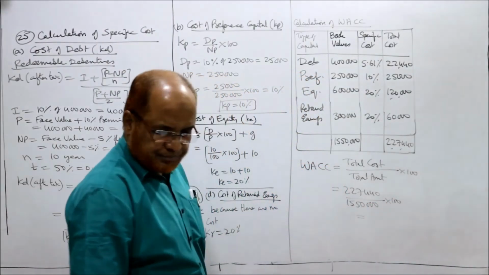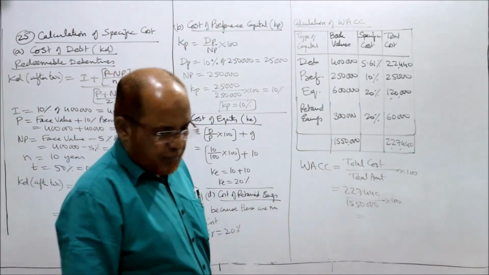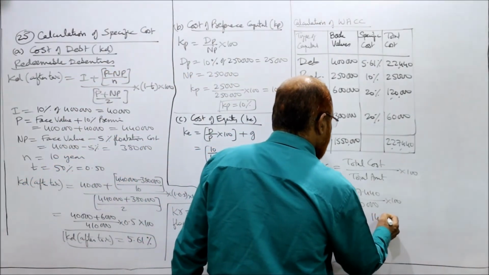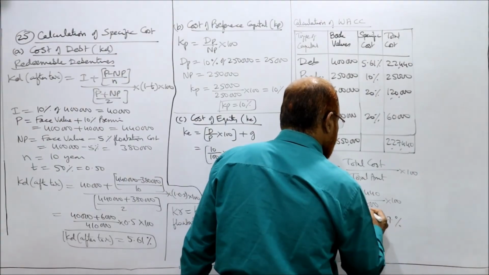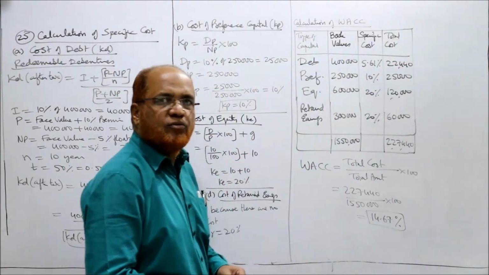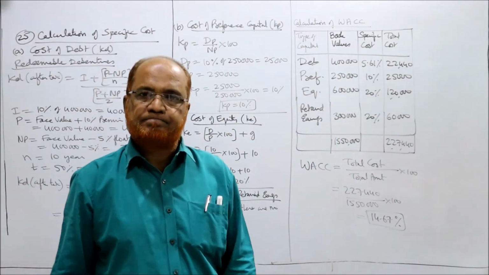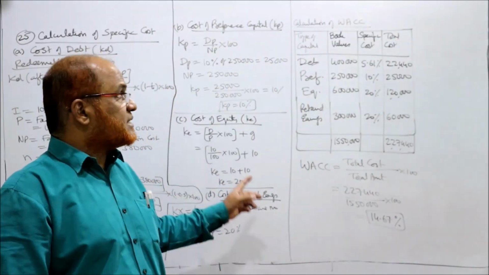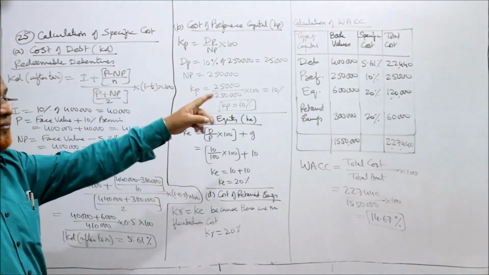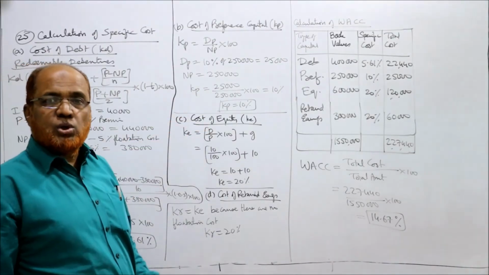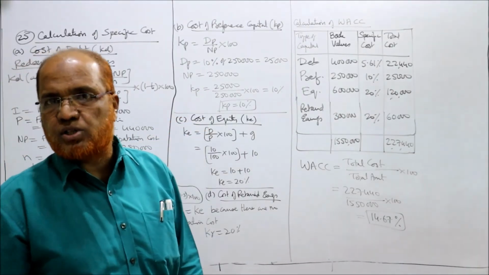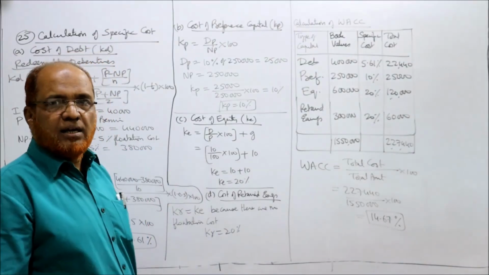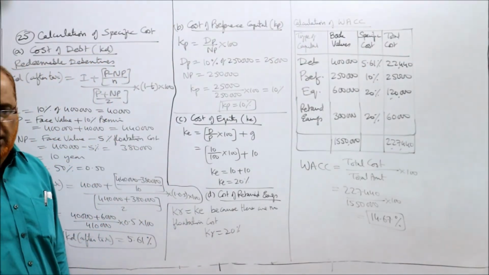So it comes to 14.67%. That's it, 14.67%. So in this problem we have calculated the specific costs and then we have calculated WACC. You have to remember the formulas for specific cost: KD, KP, KE, KR.